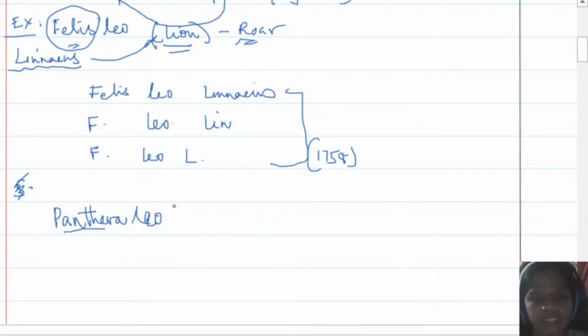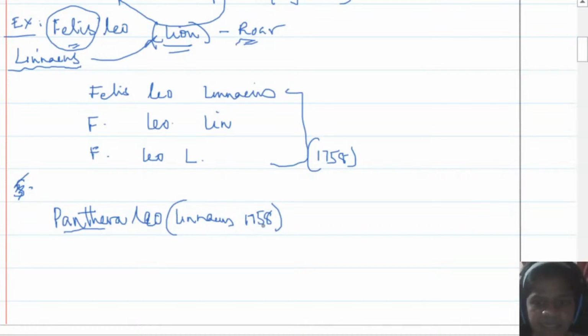So when you change the name of the animal from before, because this guy named it as Felis leo, right? But now it is Panthera leo. So then what you do is you put the name of the guy and the date or the year when it was named in brackets or in parentheses.